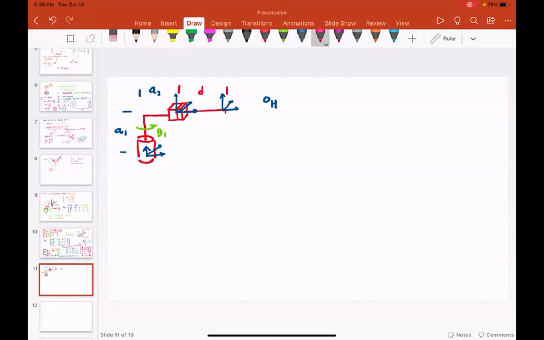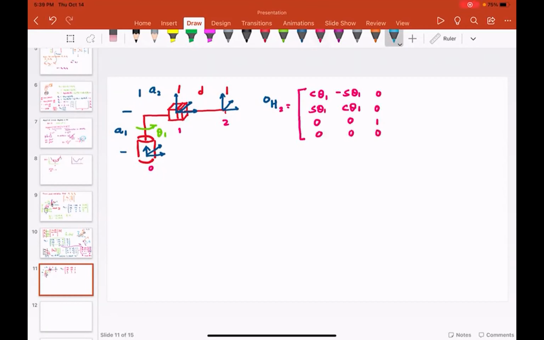So 0, 1, 2. 0H2 is going to look like this, and you can correct me if I'm wrong. Cosine theta 1, minus sine theta 1, sine theta 1, cosine theta 1, 0, 0, 0, 0, 1, 0, 0, 0.